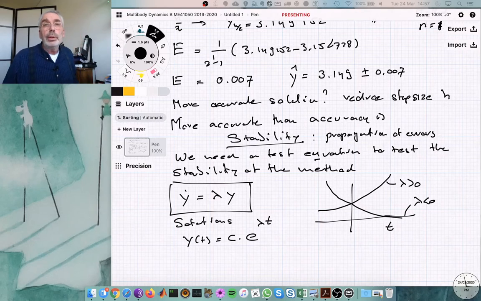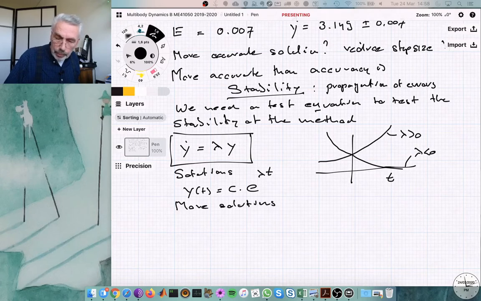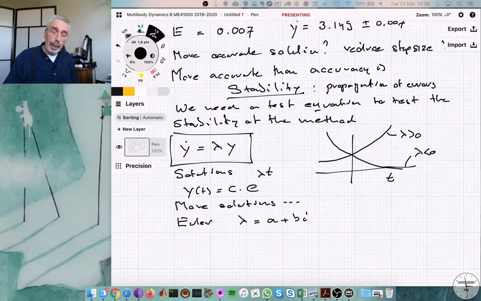But is that the only solution of this equation? Is it either growth or exponential decay? And the answer is, of course, no. There are more solutions. And those solutions can be found by using the theorem of a famous guy named Euler. And what does Euler say? Well, if lambda is not only a real number but also an imaginary one, what happens then?